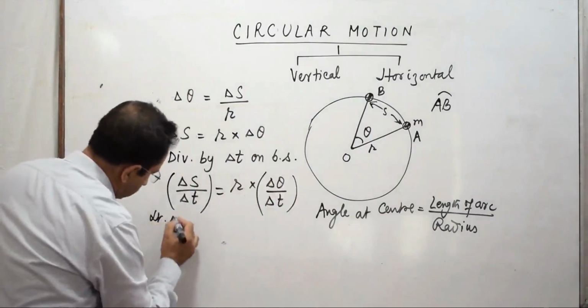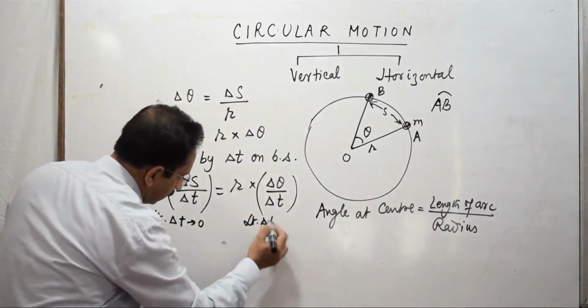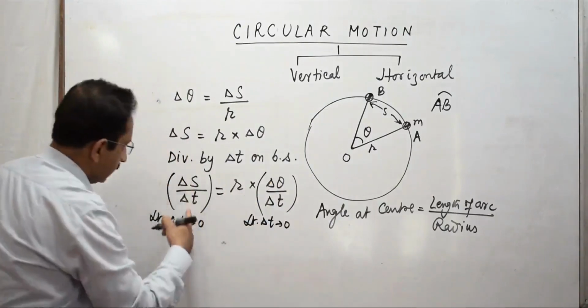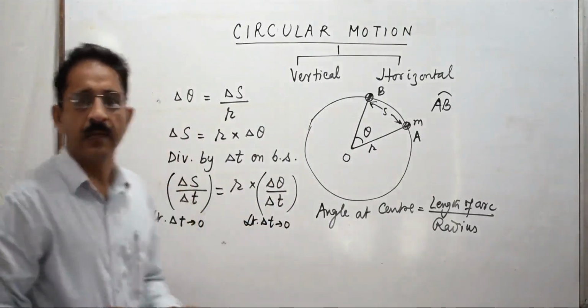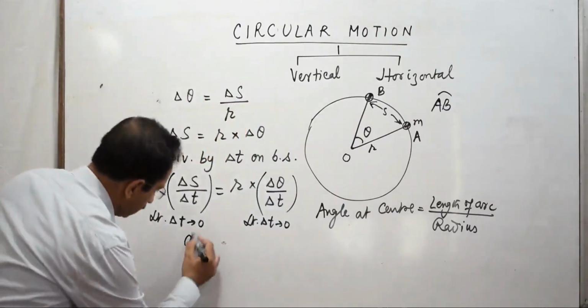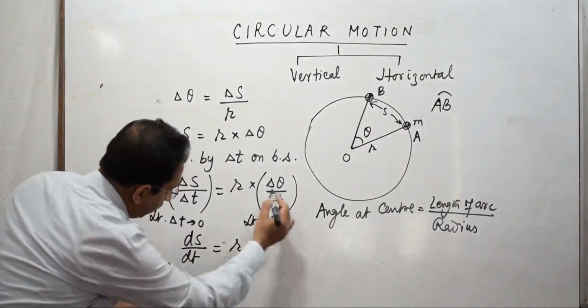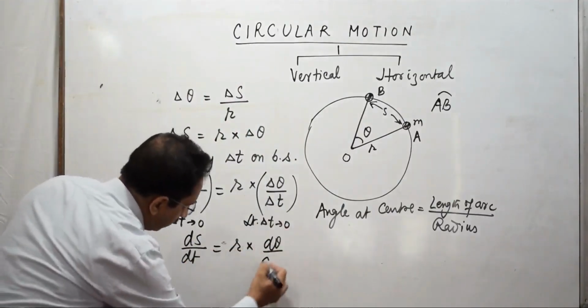So I insert the limit, and I have a relation delta s by delta t, such that the limit delta t tends to 0 becomes ds by dt. So ds by dt is equal to r multiplied by d theta by dt.